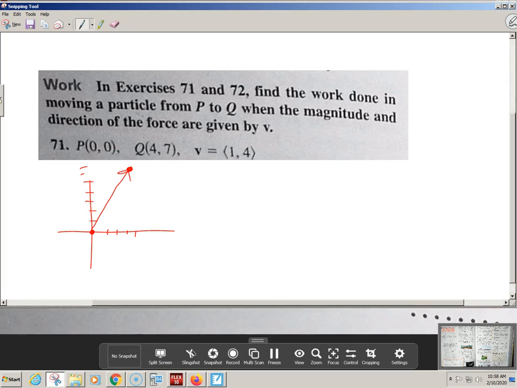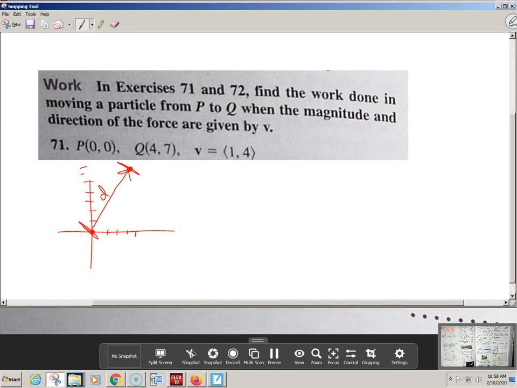So it's moving from P to Q. That diagonal distance is the distance. So this isn't moving horizontally like everything else we've done. This is like one of those early projection problems where it's moving up a hill, or somehow along a surface diagonally.